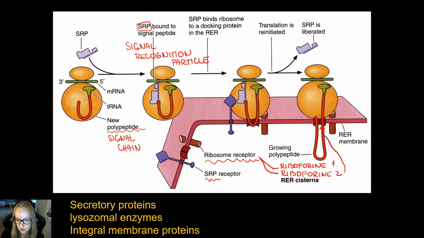Like here, there is this channel through which the newly synthesized protein chain is going through to the membrane.